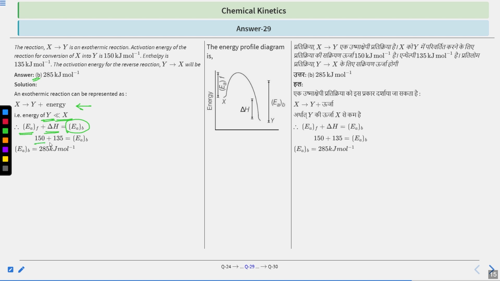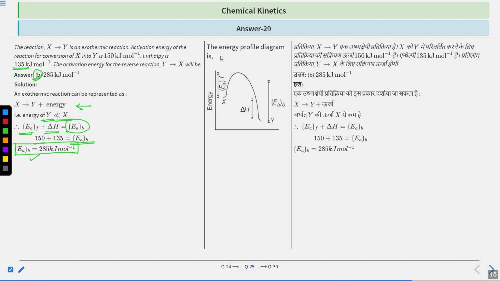So 150 plus 135, the enthalpy is given, so 135, is equal to activation energy of backward reaction, that is reverse reaction, and it is coming out as 285 kilojoule per mole. Okay, so we have the activation energy for the reverse reaction, that is Y to X, which is equal to 285 kilojoule per mole, and thus our B option is the correct answer.